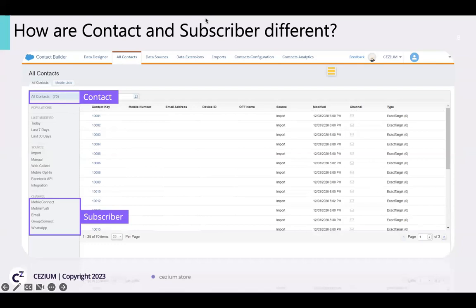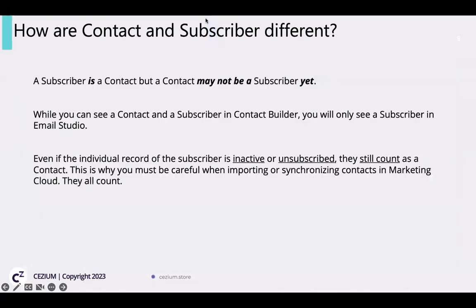Okay. So I think I just put again the slides so everybody can read, but it's just the difference between a person that you contacted and a person that you didn't contact through a channel in Salesforce Marketing Cloud. It must be a Salesforce Marketing Cloud channel, by the way.